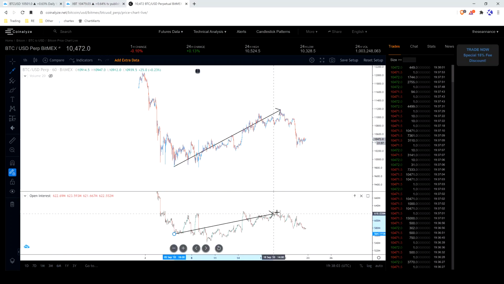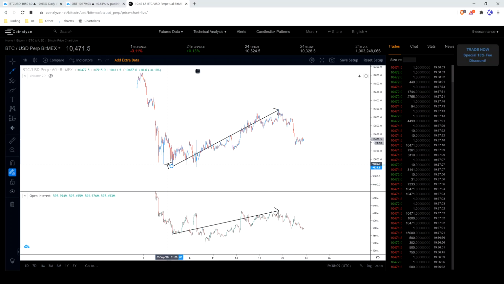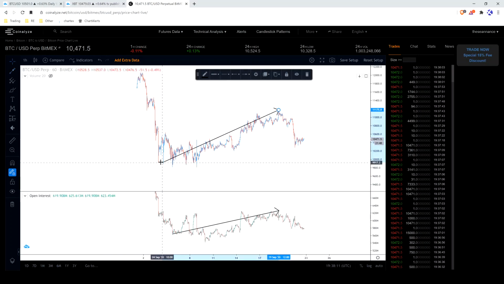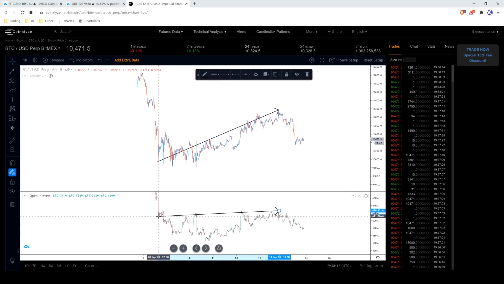Open interest really didn't follow. It was pretty flat. You can even go back to this pivot, and you see it's very flat through here.